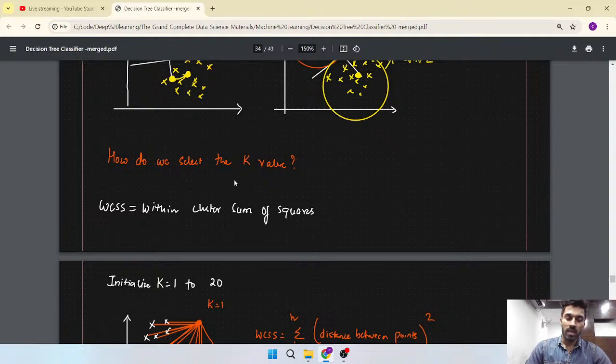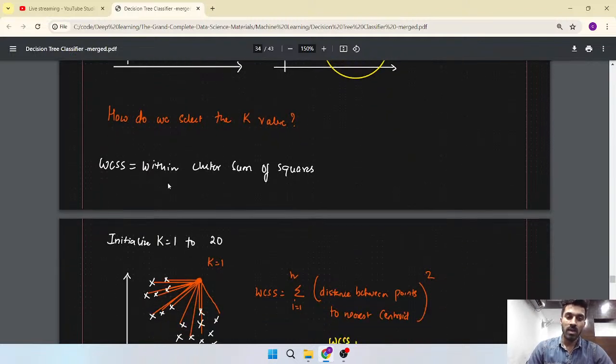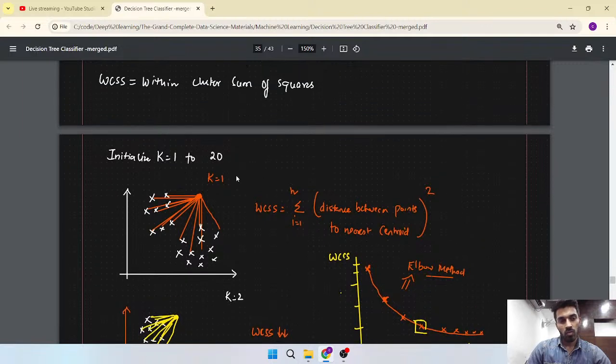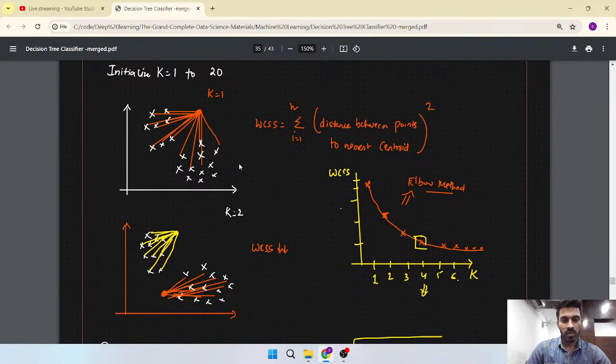To find this k value, we have the elbow method, and to find the error of our model, we have WCSS, within cluster sum of squares. To find the WCSS value, suppose we have initialized k equal to 1 and this is our point, and then we have to find the distances.